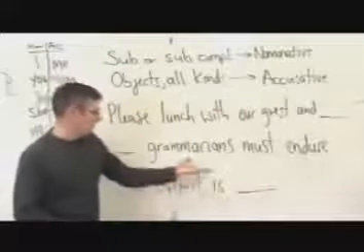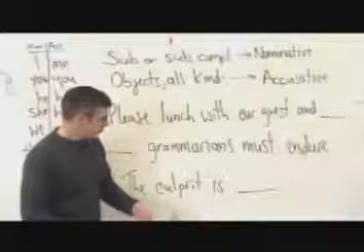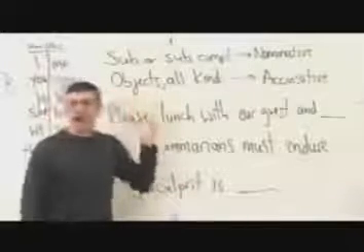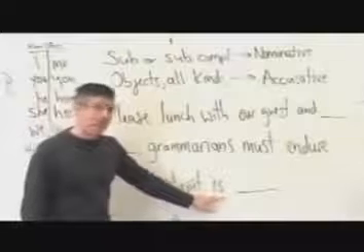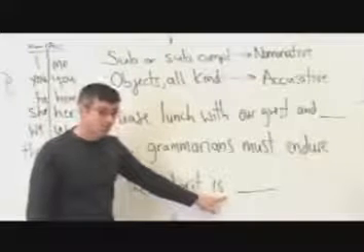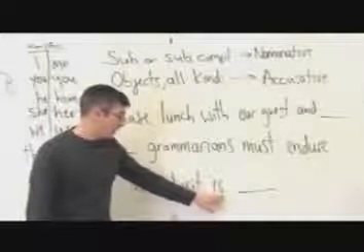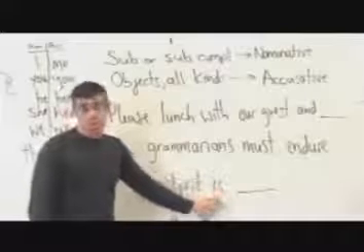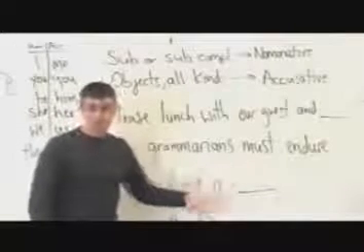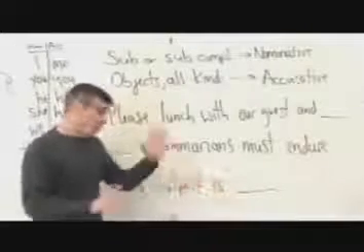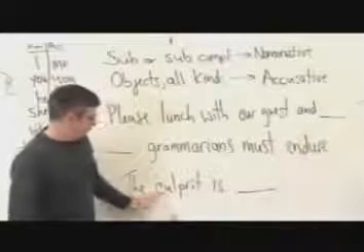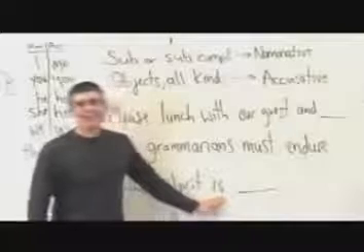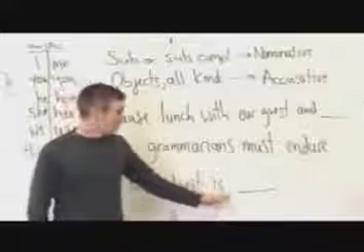And the only thing that it can be is a subjective complement, because is a linking verb or a copulative verb, right? And what follows is always going to be a subjective complement, or almost always, with very few exceptions. So the culprit is not him, but he.